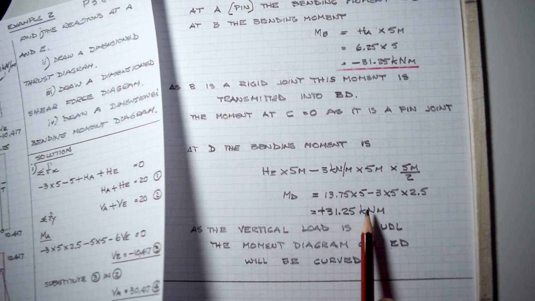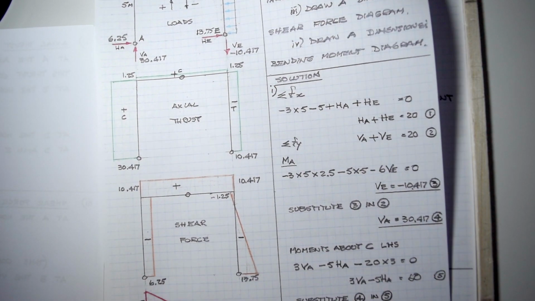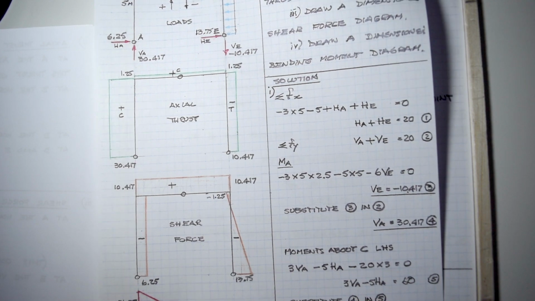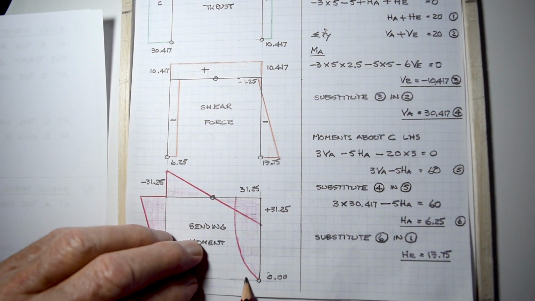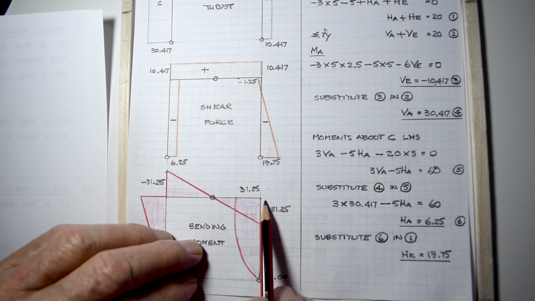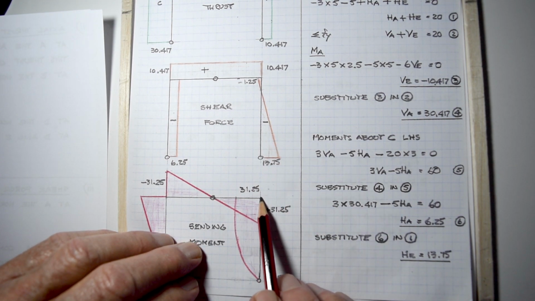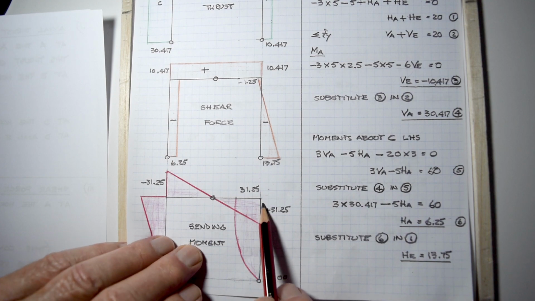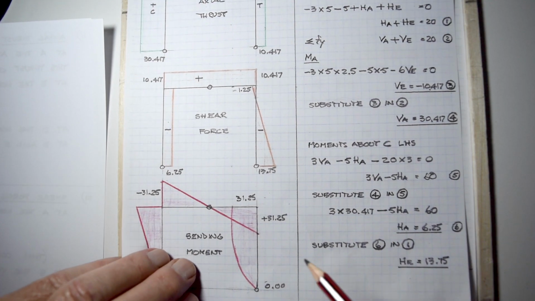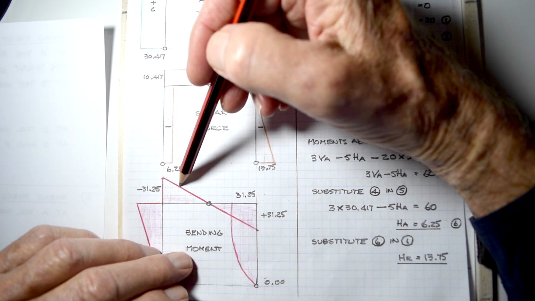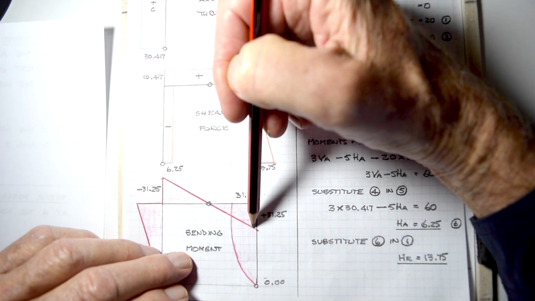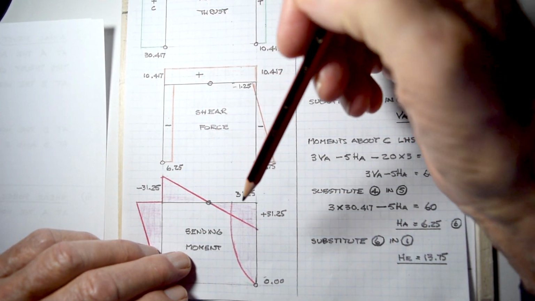And there it is, 31.25 kilonewton meters, due to this force pushing that away. You get this moment there. I just illustrated the rigid joint principle, so the bending moment there is going to be 31.25, and that's why we could draw this through there with a high level of assurance that it was correct.